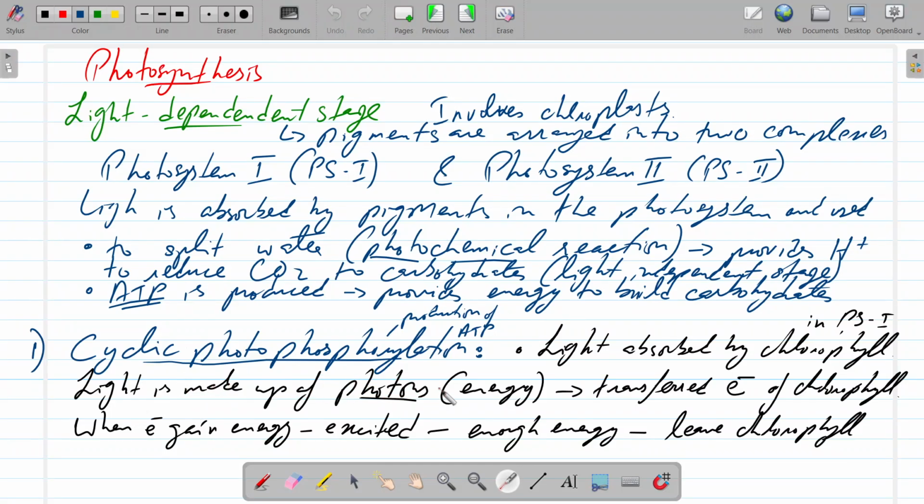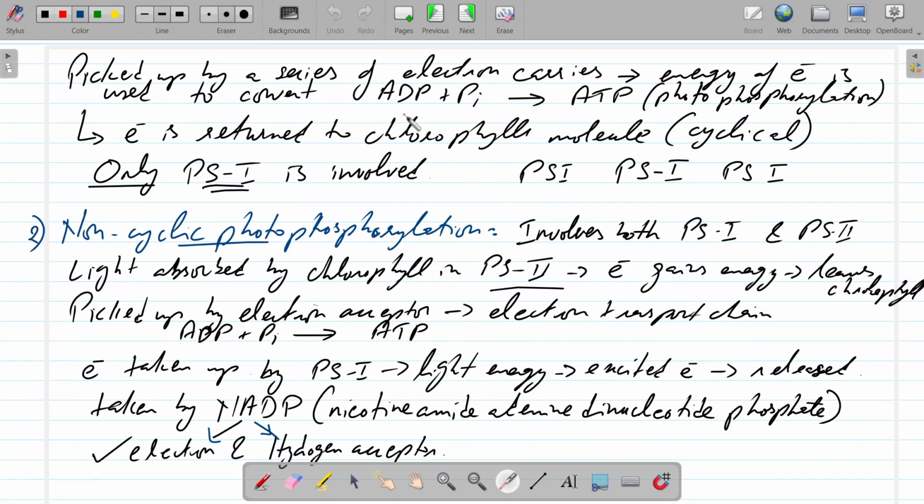Photons have energy that's transferred to electrons, which become excited, and when they become excited enough, they are released from the chlorophyll molecule, picked up by a series of electron carriers, where the energy of the electron is used to make ATP, and the electron is eventually returned back to the chlorophyll molecule, so that makes it a cyclical process.